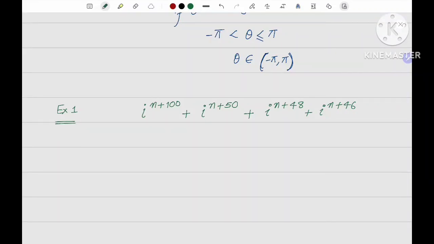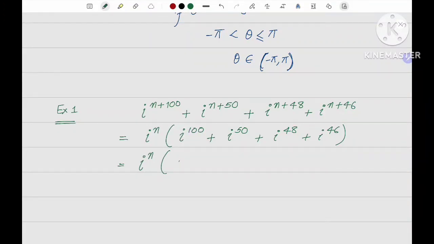So what is the first step I will take? I can take i to the power n common, so I will be left with i to the power 100 plus i to the power 50 plus i to the power 48 plus i to the power 46. Then i to the power n, I'll keep it like this only.